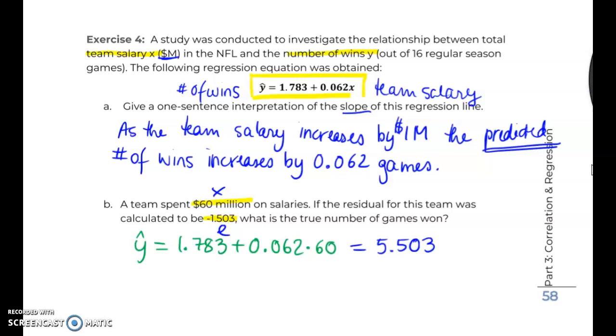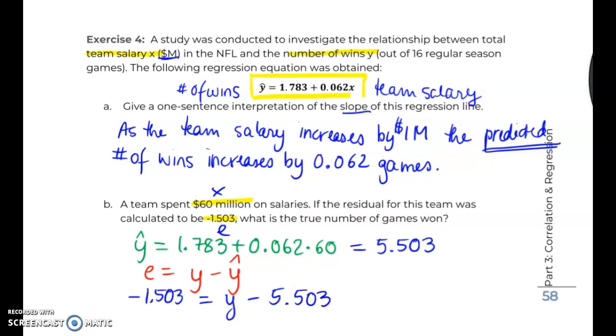So now we're going to look at our residual equation, which is our actual number of games minus the predicted number of games. And we're going to plug in our E, which was given in the question, that is negative 1.503. We don't know what Y is. We are actually trying to find that out. We're going to subtract from it the predicted value, which is 5.503.